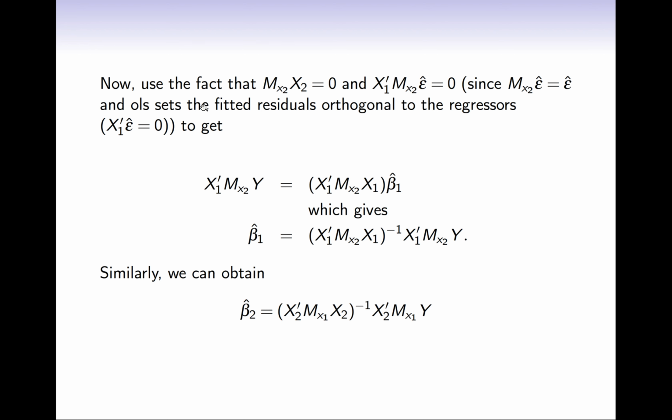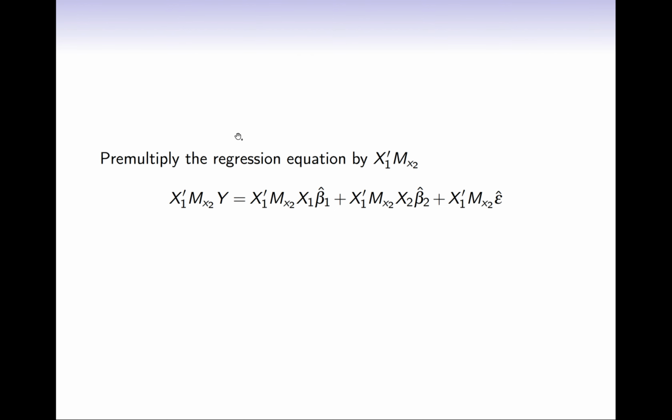And then the OLS first order condition sets the fitted residuals orthogonal to the regressor. So remember, we had a condition like this when we solved the OLS problem. So therefore, this term is also equal to 0.